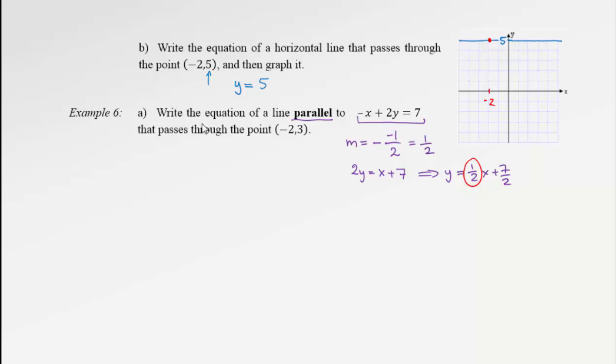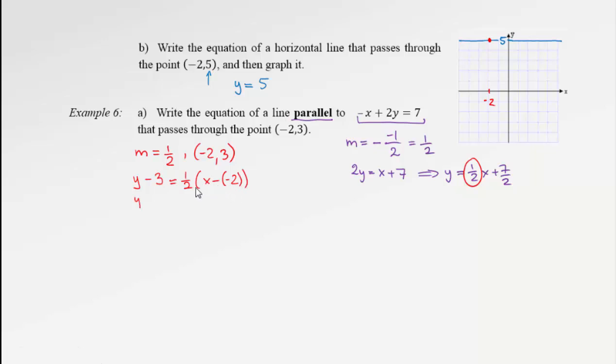So, to write the equation of our future line that passes through this point and is parallel to the given one, we use the slope 1/2 and we use the given point -2, 3. Now, using the point-slope formula of a line, let's write our equation. Y minus the y coordinate of the given point equals the slope times x minus the x coordinate of the given point.